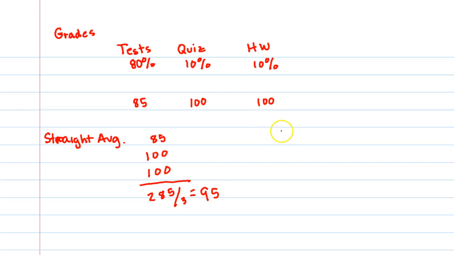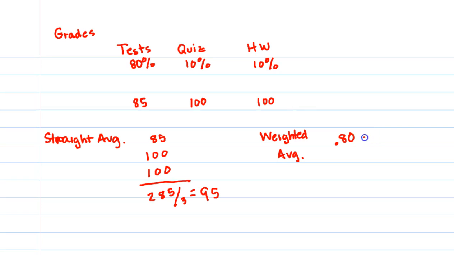If we look at this as the weighted average, then you've got to take into account each of the percentages. So 80% of your grade, or 0.80, because to go from a percent to a decimal, we move the decimal point 2 places to the left.